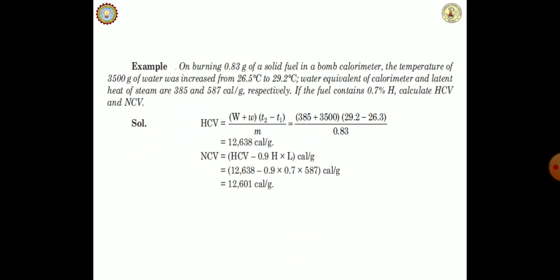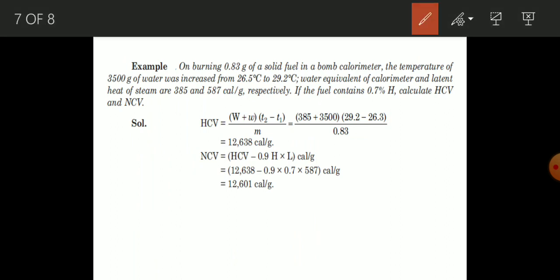HCV is equal to the formula we know, (W plus w)(T2 minus T1) divided by m. Capital W means the amount of water in the calorimeter, and small w means the water equivalent: 3,500 grams and 385 grams.